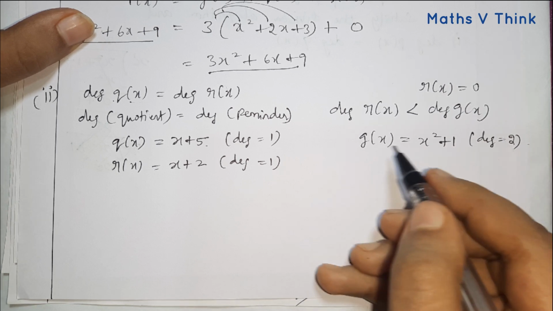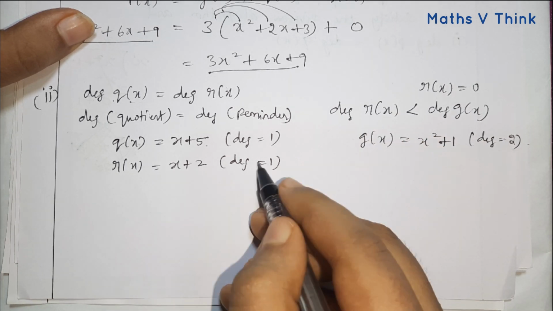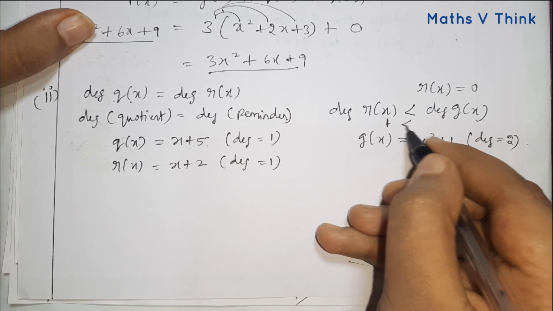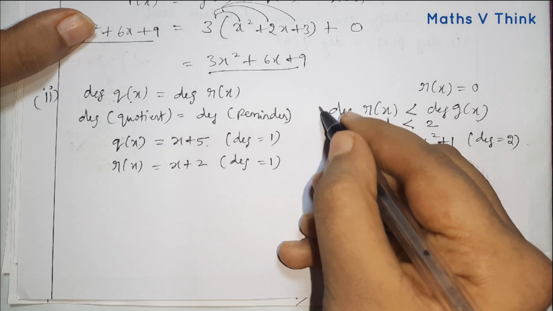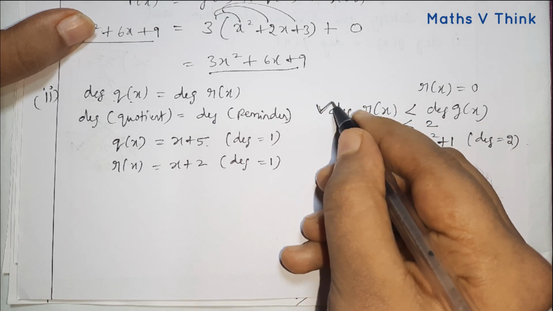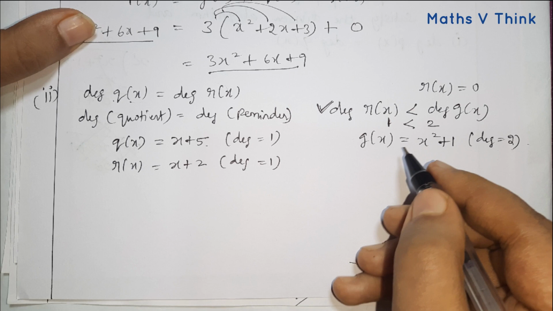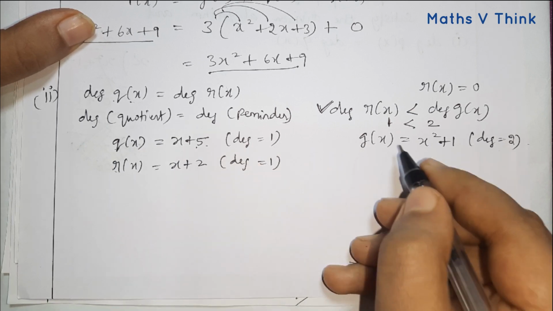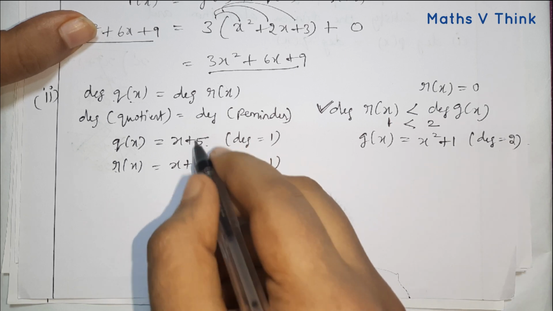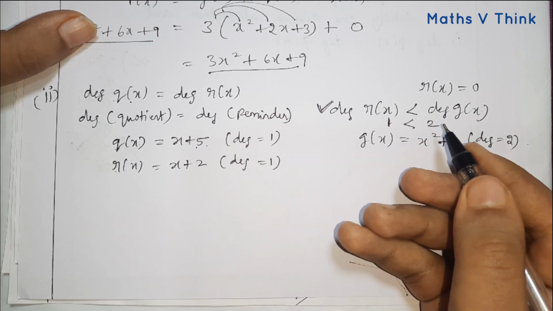Now you check degree of r of x is 1, less than degree of g of x, which is 2. So this condition is satisfied. Like division algorithm, one condition is satisfied. So q of x is this, r of x is this, g of x is this. With this three information, you find the p of x.